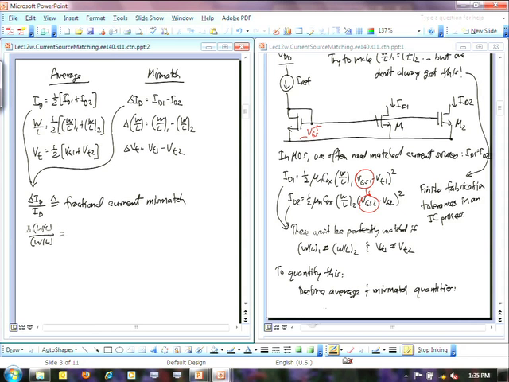In this case, VGS minus VT of 1, where VT of 1 is VT plus delta VT over 2, so this is going to be VGS minus VT minus delta VT over 2. And that's going to be squared.